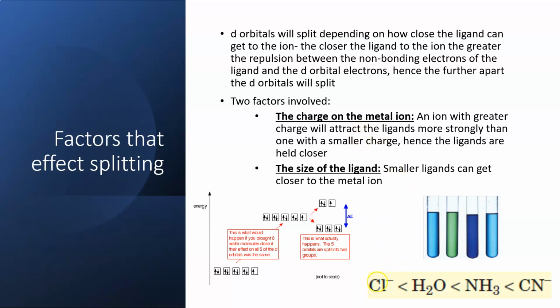You can see here that Cl is going to have a smaller influence than water, which is smaller than ammonia, which is smaller than the cyano ligand when we look at the splitting effects.